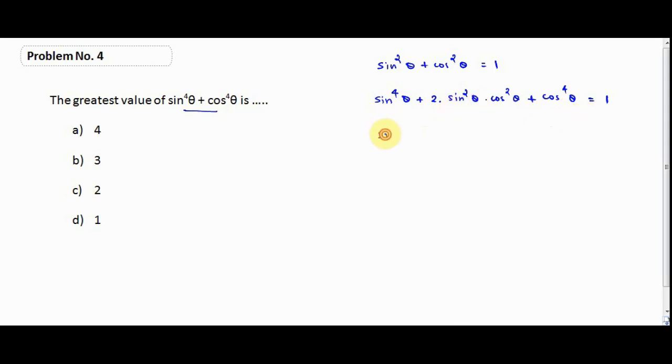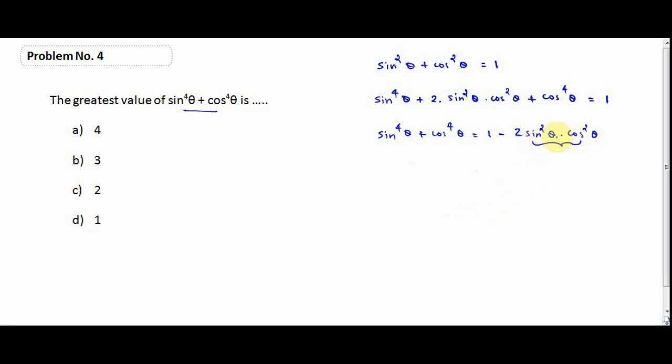So we will get it as sine raised to 4 theta plus cos raised to 4 theta equal to 1 minus 2 sine square theta into cos square theta. So this expression will be taking the maximum value when this term takes the minimum value.